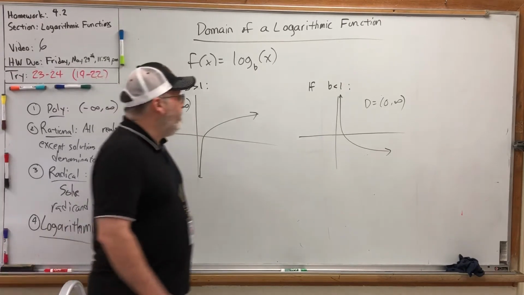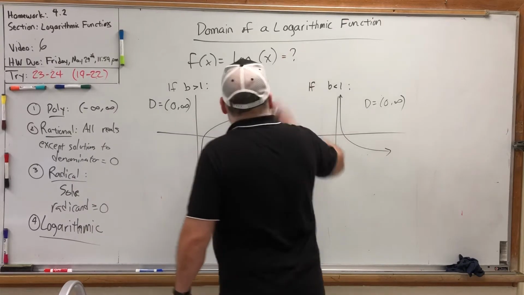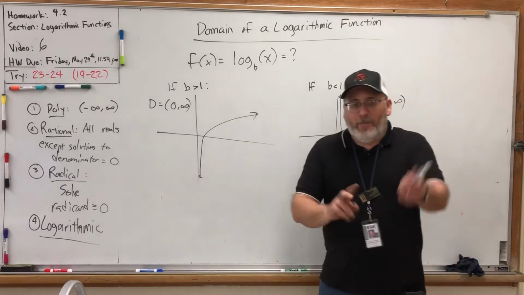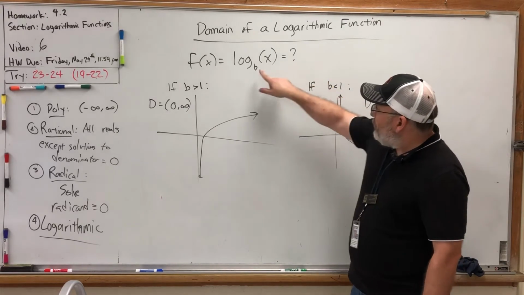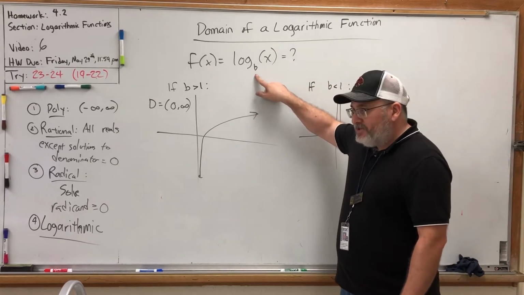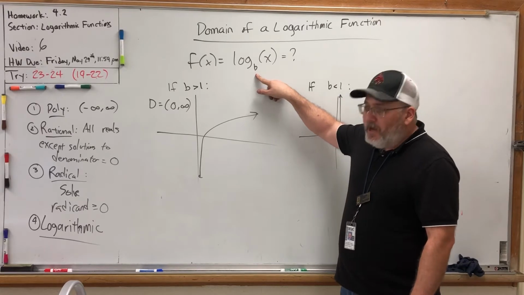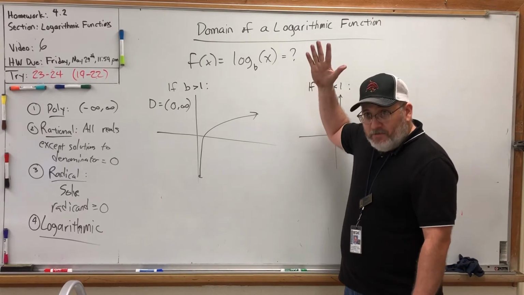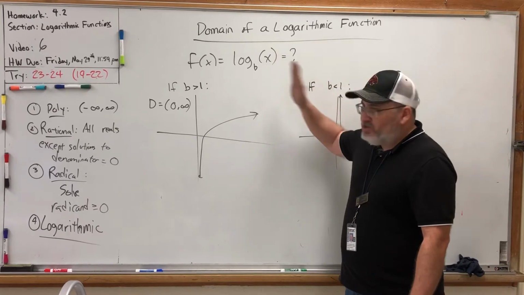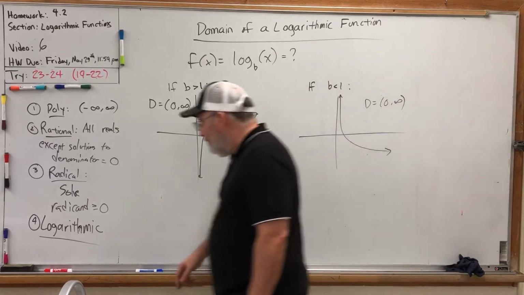And if you think about it, it makes sense. Because what's the answer to a log? A power that turns the base into the argument. So this will be a power that we put on something. And since this is positive, it will either be positive or the reciprocal of a positive, which is still positive. So the argument must always be positive.